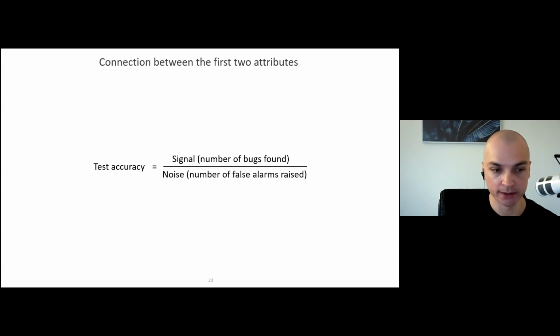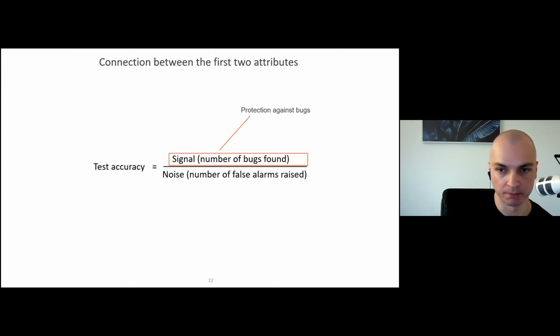Another way to say it is the signal to noise ratio, where the signal is the number of bugs that the test finds, and the noise is the number of false alarms that this test raises when it finds all those bugs.